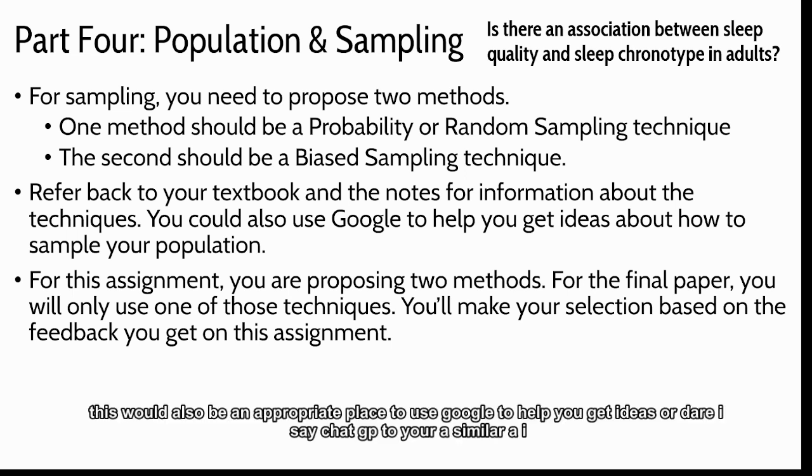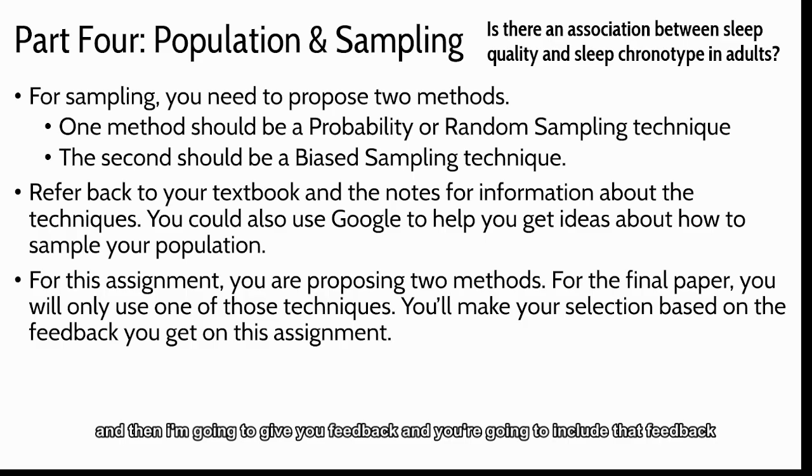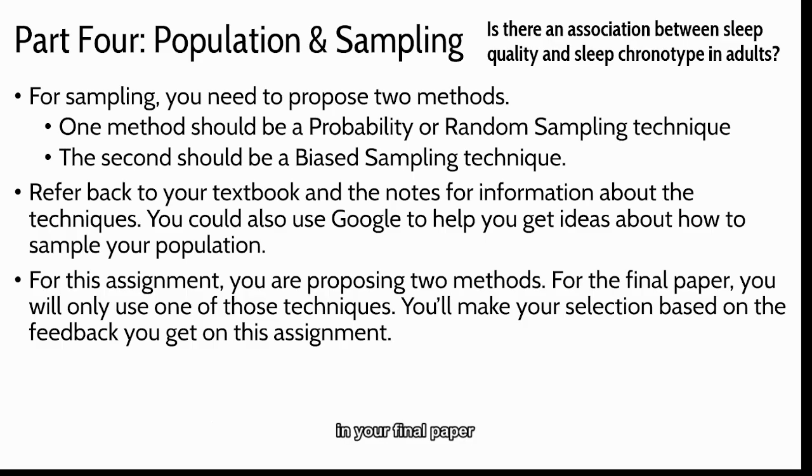This would also be an appropriate place to use Google to help you get ideas, or dare I say, ChatGPT or a similar AI. Now, for this assignment, you are proposing two methods, one probability and then one biased. Describe those sampling techniques for me, and then I'm going to give you feedback, and you're going to include that feedback in your final paper when you write that later in the course.